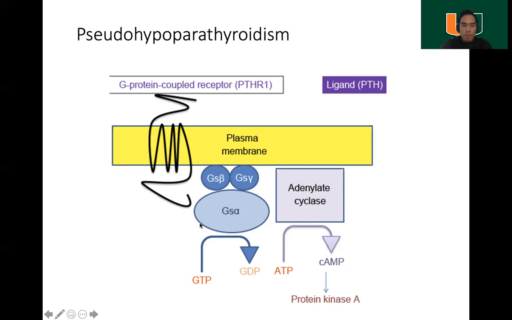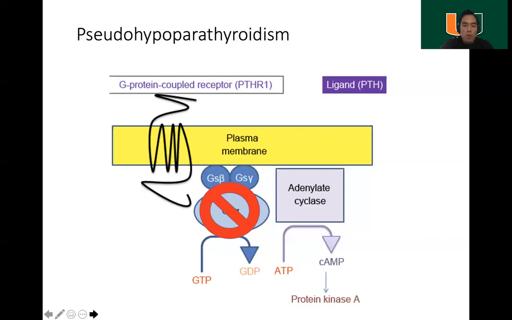So what happened? You have an inactivating mutation of GNAS. It causes the G protein to become inactive to the activation by PTH.